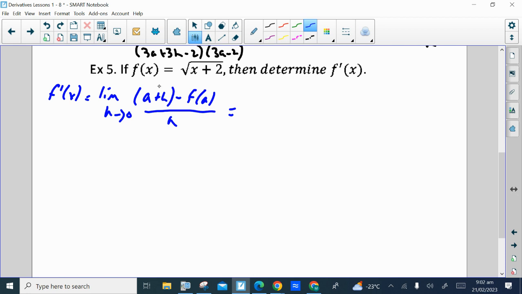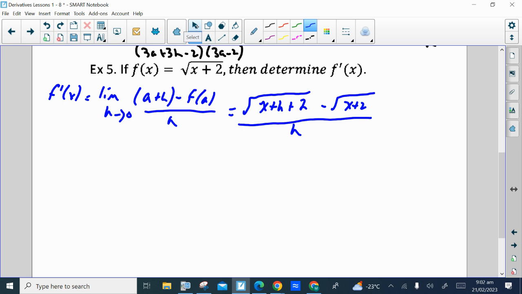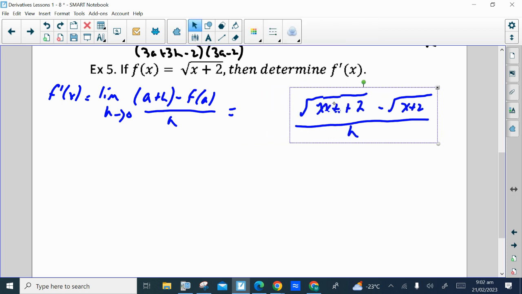The first part is f of x plus h, so it'll be the root of x plus h plus 2, minus f of x, the root of x plus 2, all over h. And I forgot to write the limit in there, so let's do that.